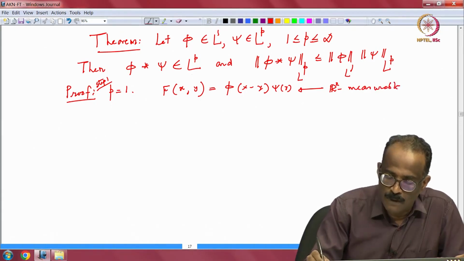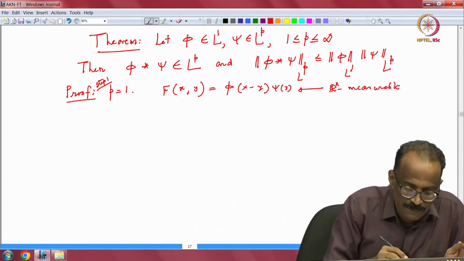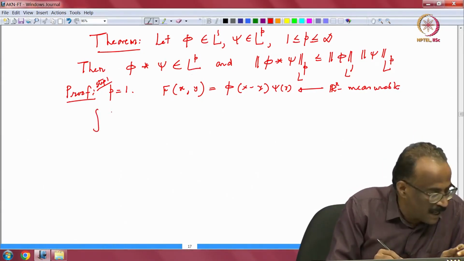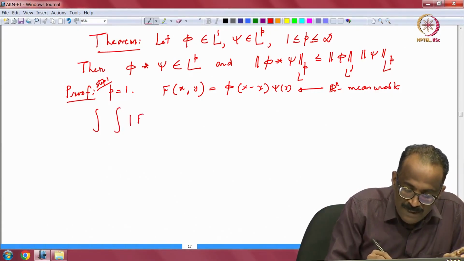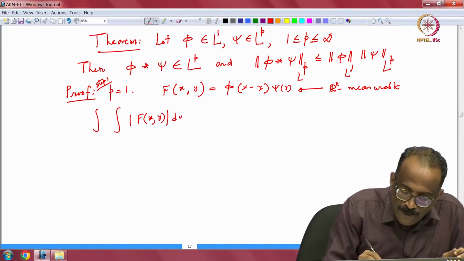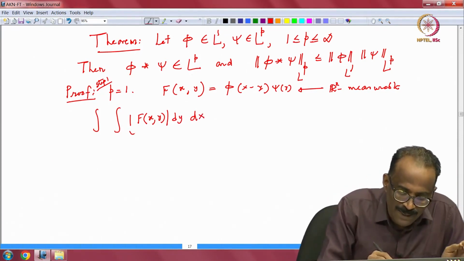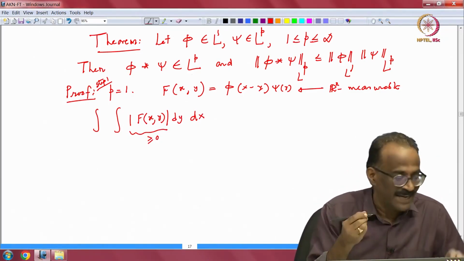Okay. So, what I am going to do is compute this integral over Rn, Rn, of the modulus, dy dx, and this is non-negative. This integral may possibly be infinity, but we are going to show that it is finite.